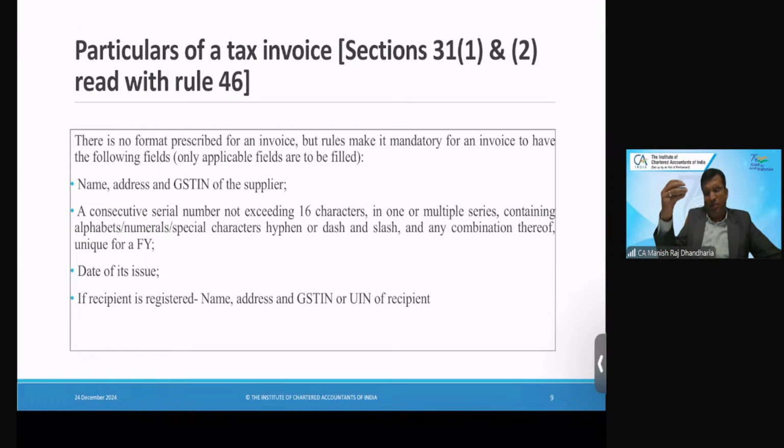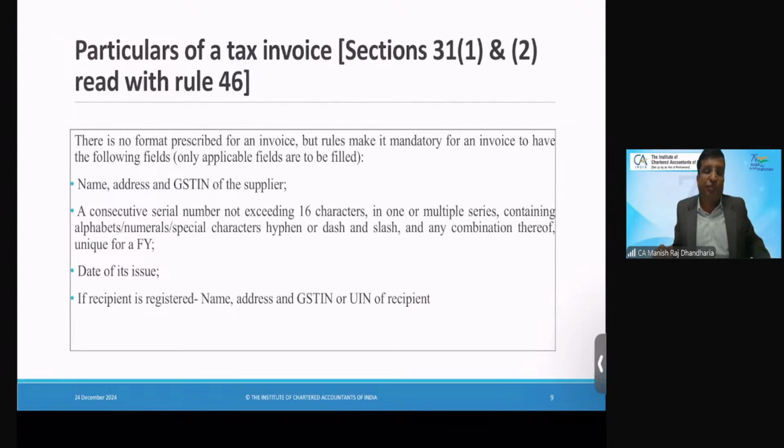Say the 4 locations are P, Q, R, S. For one location, P slash or dash 1, 2, 3, 4, meaning the prefix will be P. For location Q, the prefix will be Q. In this way, we can use any number of series. It is allowed, but it should be justified. Like I gave the justification: the first justification was that I am making 4 different series for 4 different products.